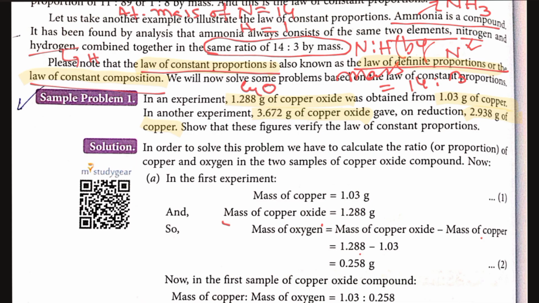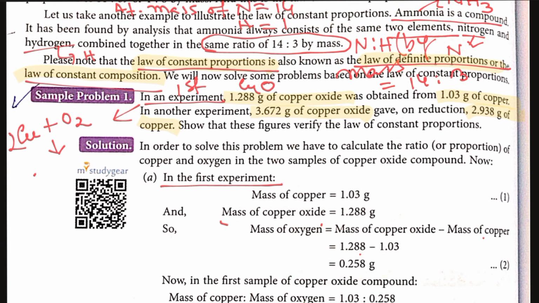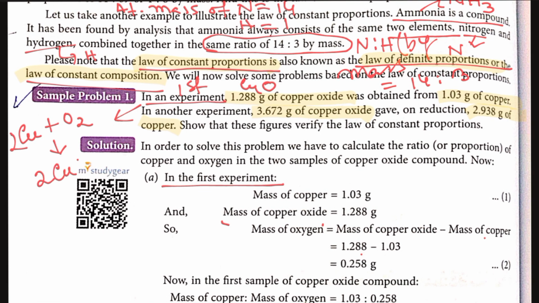This is the first experiment: copper oxide is obtained from 1.03 gram of copper. That means in this experiment, a reaction between copper and oxygen has been done and you get a compound known as copper oxide. So you got CuO over here.